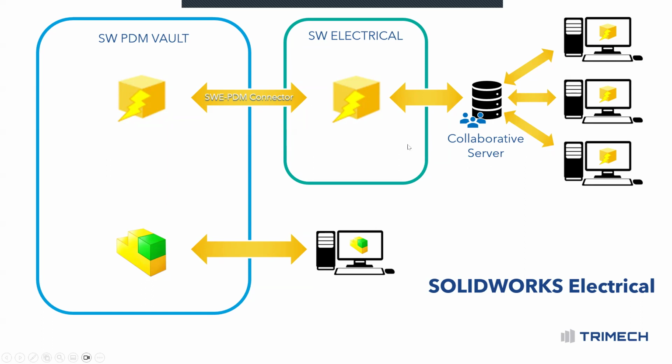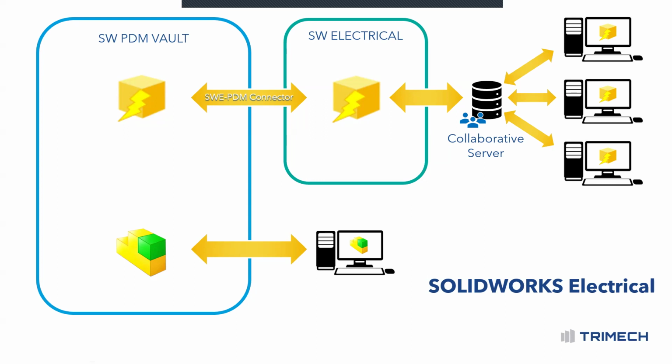Another key benefit here is that the Electrical Schematic Professional version can also connect to SOLIDWORKS PDM. That's a little interesting because SOLIDWORKS Electrical is something you can work on collaboratively, but it's a little different from PDM, where there's check-in, check-out type stuff.